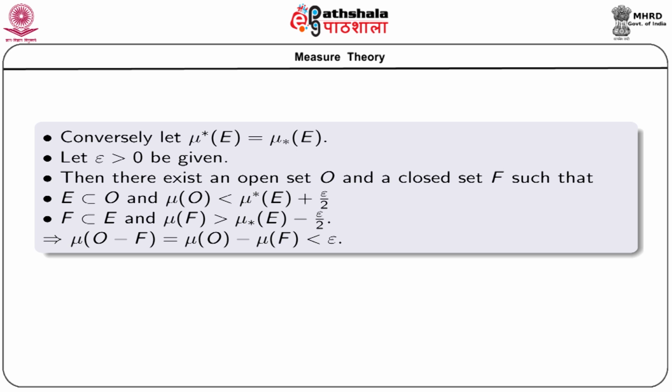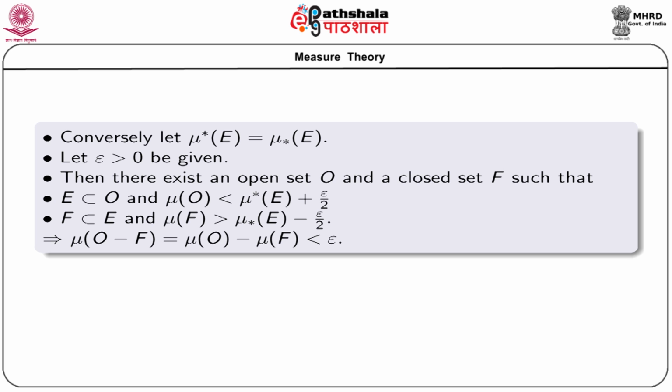This implies that mu of O minus F is equal to mu O minus mu F, because we have already seen that the Lebesgue measure is subtractive, and by our assumption mu star E is less than infinity. So, F being a subset of E also has finite Lebesgue measure. So, this whole thing is less than epsilon.